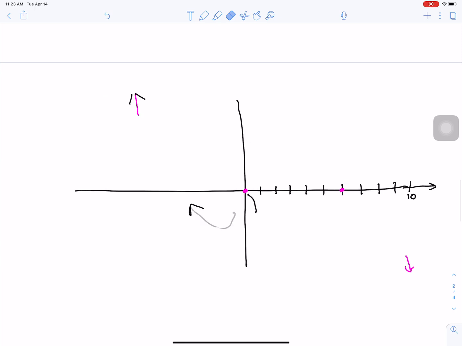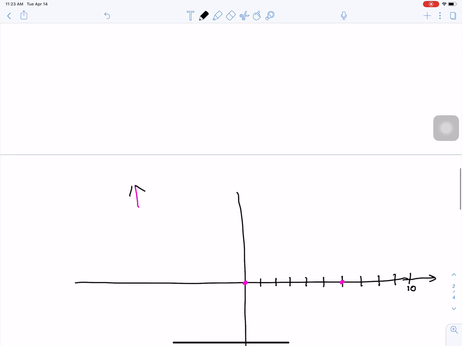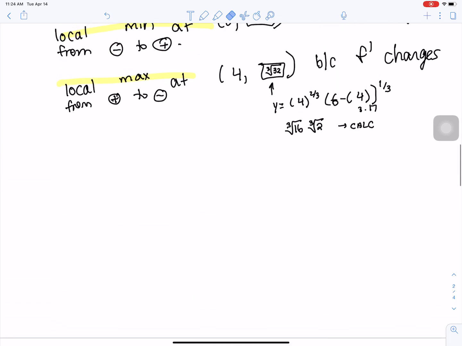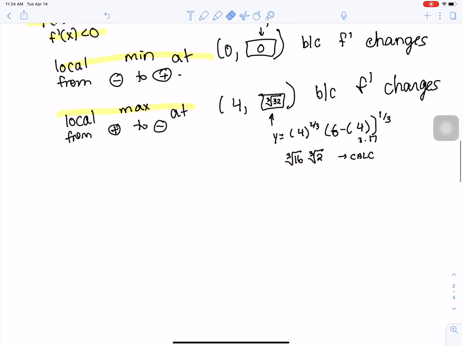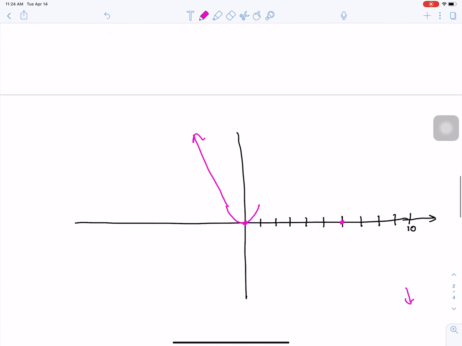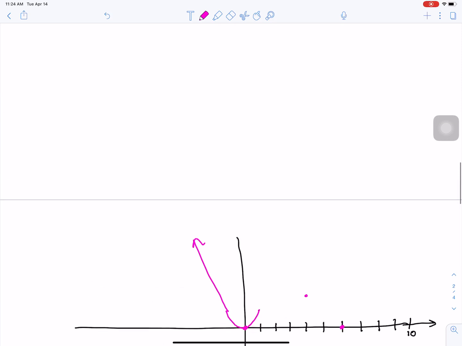So there has to be a local min at 0, 0, which makes more sense because the graph can go like this, and this will go up. And then on the other side, at x equals 4, there has to be a local max. And the max will be at approximately a y value of 3.